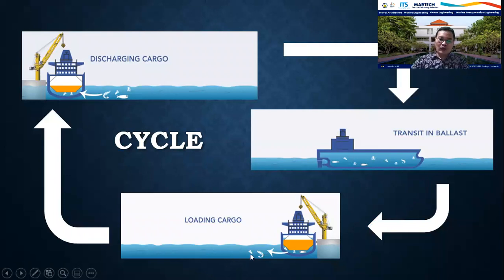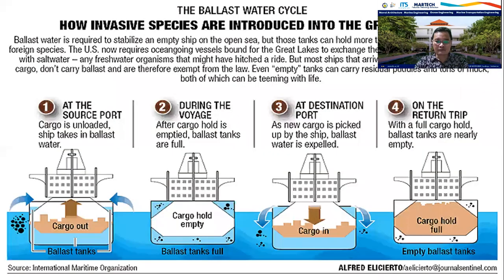So when a ship goes to another country's port, the problem may arise that the species will be introduced to another country. So it will be very dangerous in that case, right? So this one is what I explained before: at the source port, cargo is unloaded, and the ship takes in ballast water.